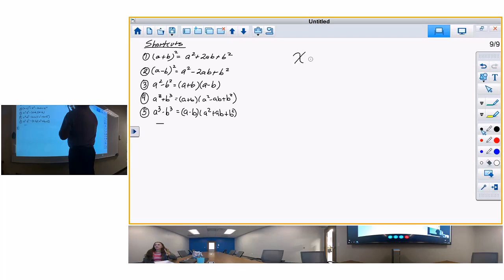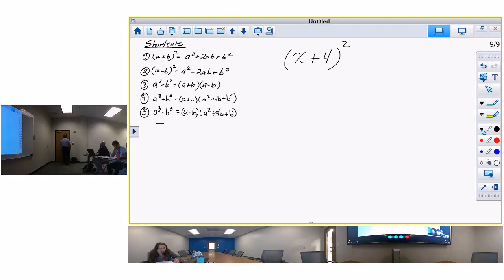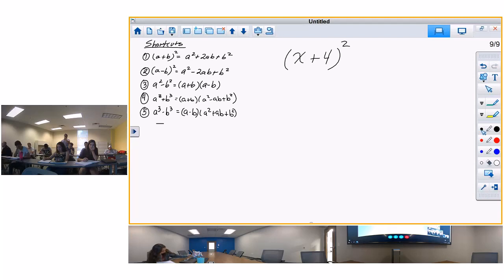X plus 4 quantity squared. All right, now I want you to deduce which ones it's not. It's not 4 and 5. Boy, I tell you, I can't get nothing past y'all. Why is it not 4 and 5? Because it's a square. It's not a cube. Okay, well, which one does not have parentheses? This one has parentheses.